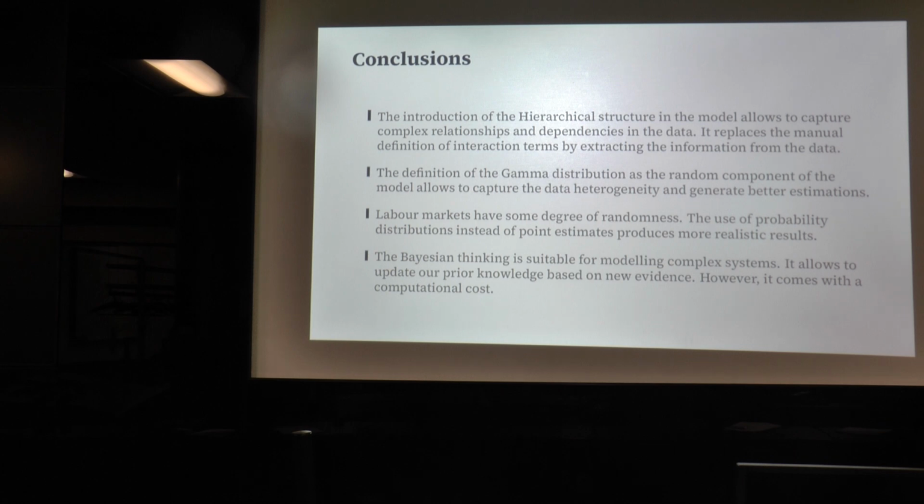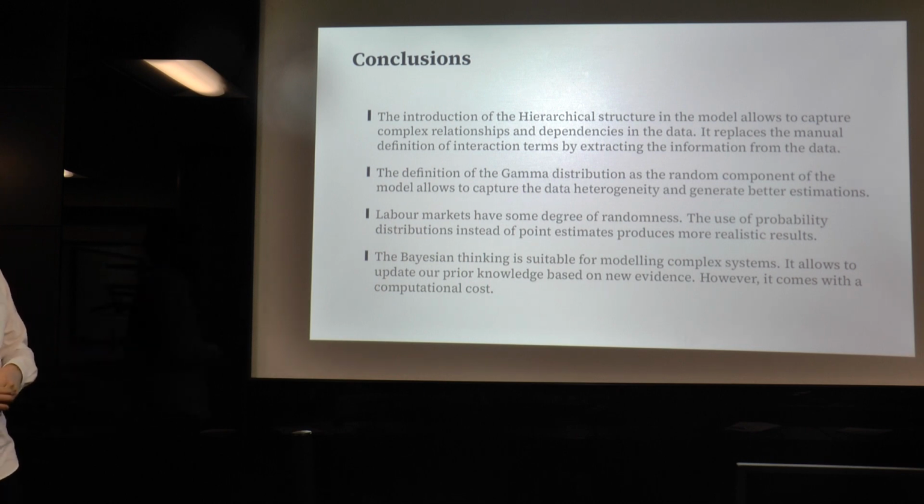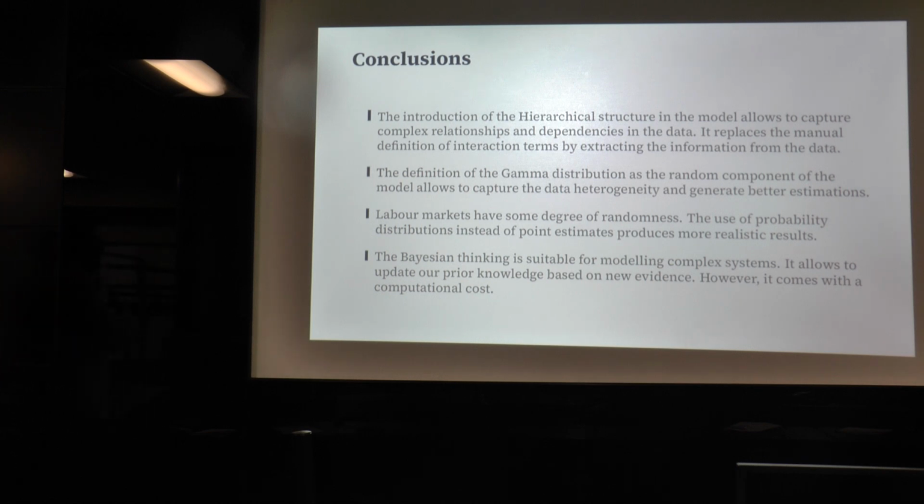And finally, Bayesian thinking is suitable for modeling complex systems. I really like the way that the Bayesian thinking process works: we have some previous knowledge, we collect data, and we update that previous knowledge using our data.